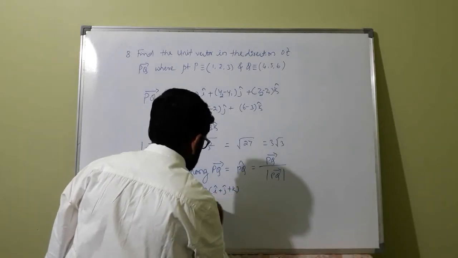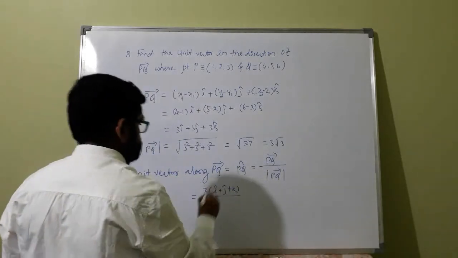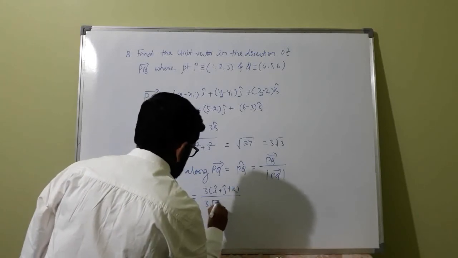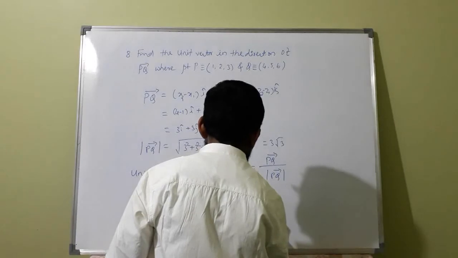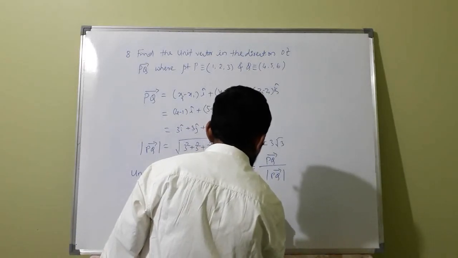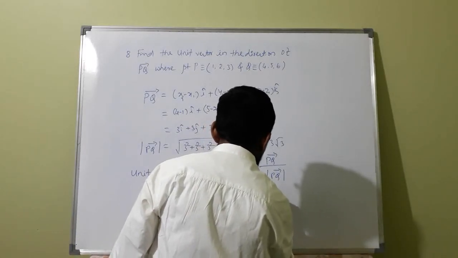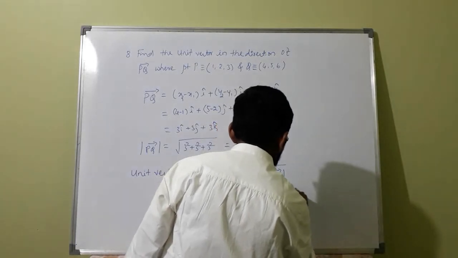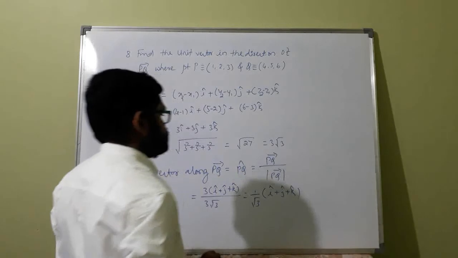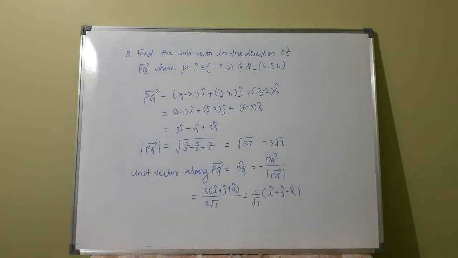If you take 3 common, this is 3 root 3. So 3 get cancelled. 1 by root 3 i plus j plus k caps. Okay, so this is the unit vector in the direction of PQ.